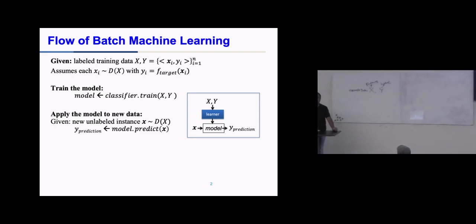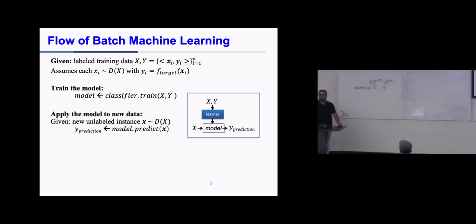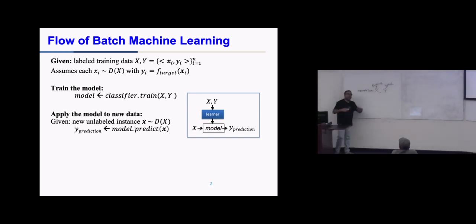And Y is your label. Based on the evidence, you try to make a prediction. You try to put a label. And in the training data set, you know the actual labels because that's how you learn.